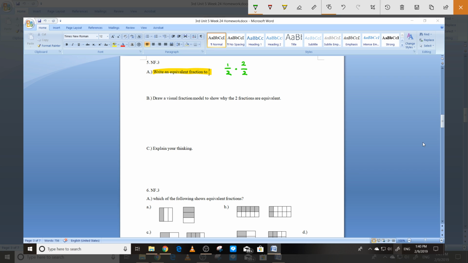Remember, this is going to be equivalent because essentially we're just multiplying 1/2 by 1, because 1 equals 2 over 2. Okay, so what is 2 times 1? That is going to be 2. How about 2 times 2? That's 4. So 1/2 is the same as 2 over 4.